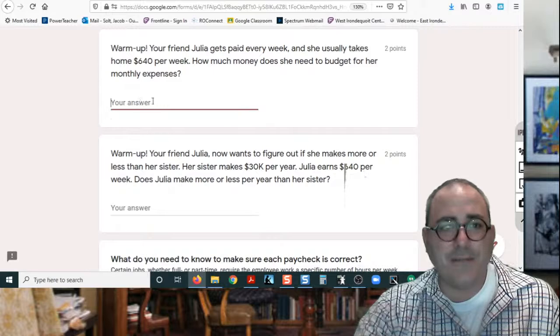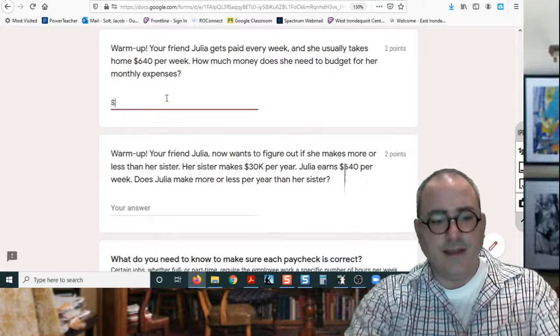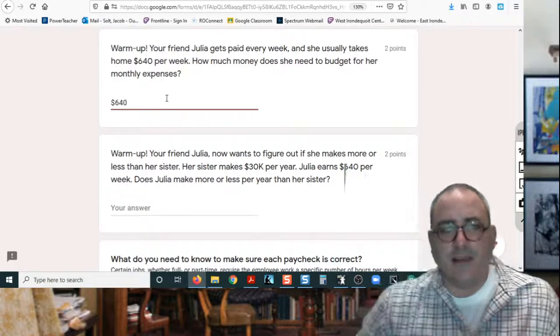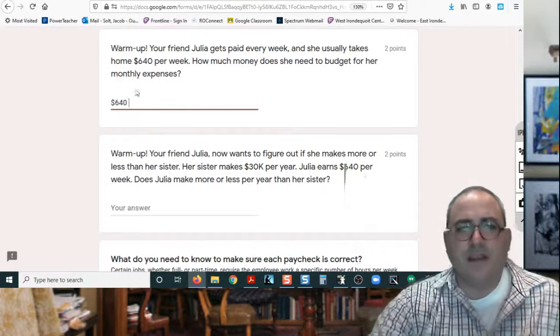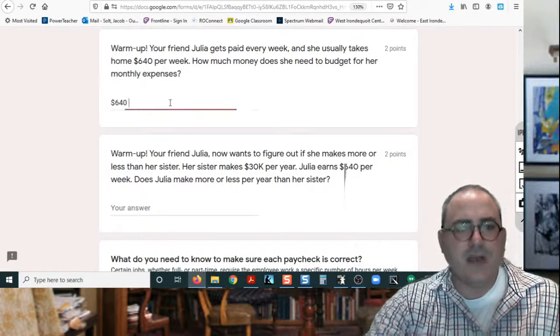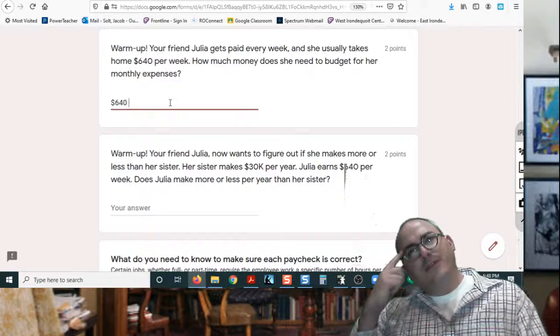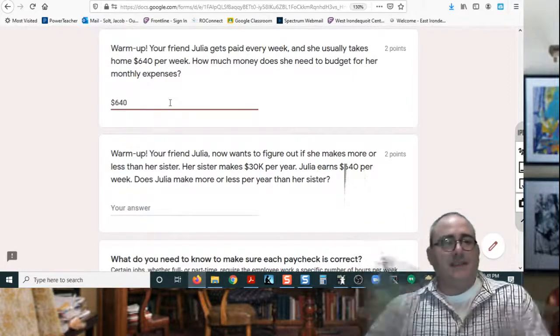Let me show you maybe how to put this through. All right. I know she gets paid $640 per week. That's given right in the problem. But I need to find out monthly what her budget should be for the monthly expenses. So I need to be thinking, how do I convert this weekly figure to a monthly figure? Well, there's a lot of ways you could do this.